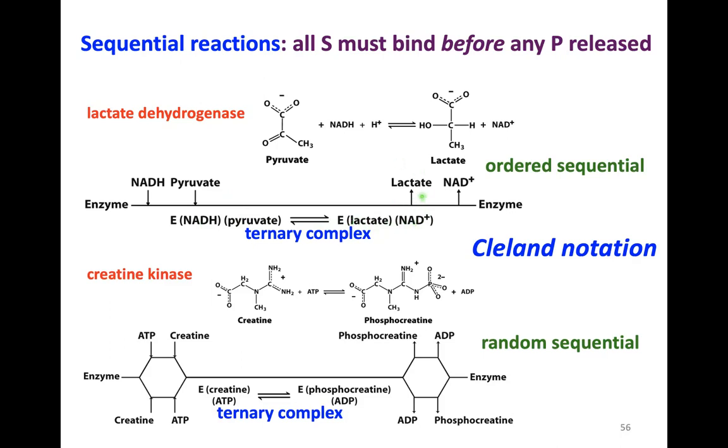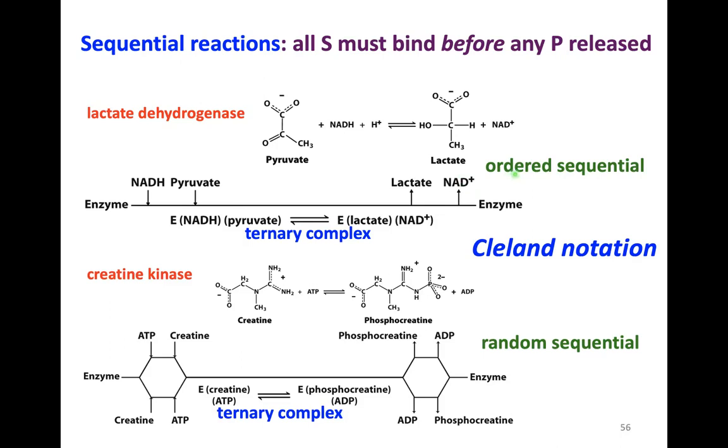Then lactate pops off and NAD hops off, okay? So in this case, NADH comes first, then pyruvate. Pyruvate is the last on, first off, after it gets transformed into lactate, and then NAD comes off. Okay, this is what we refer to as an ordered sequential reaction.